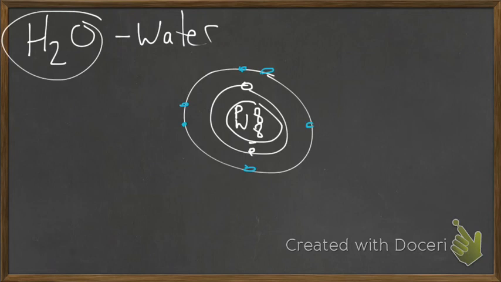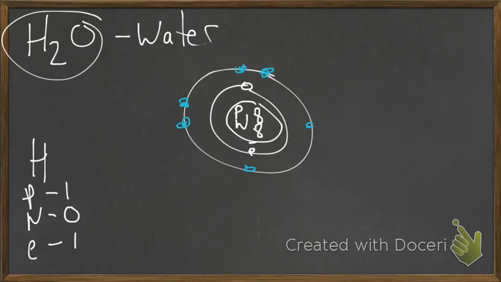Hydrogen. Hydrogen's much smaller. It's actually the first element. So let's write out our P, N, and E. Has 1 proton, actually has 0 neutrons, and 1 electron. If I look at my oxygen, I can see that these 2 electrons are already in pairs. I have 2 single electrons here.